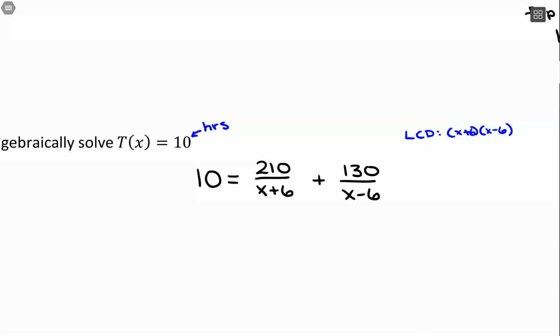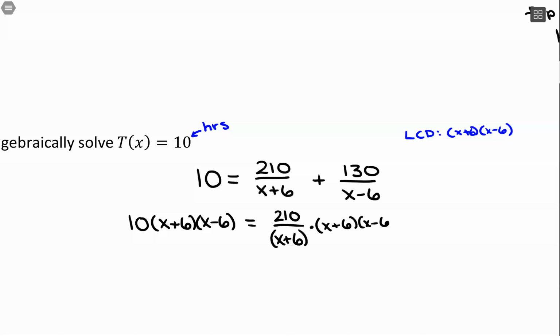So on the left-hand side of the equation, we'll have 10 times those values equals 210 over x plus 6, multiplying with both of those values, plus 130 over x minus 6, multiplying with both of those values.